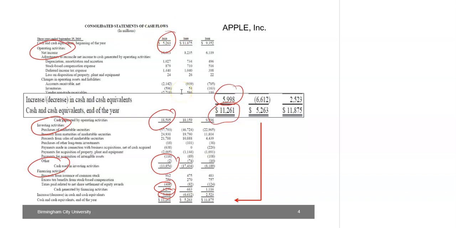Apple has invested nearly $58 billion in marketable securities, while it has received $24 billion from maturing marketable securities and $21.8 billion from the sale of marketable securities. These activities then explain the huge $14 billion cash outflow from investing activities.